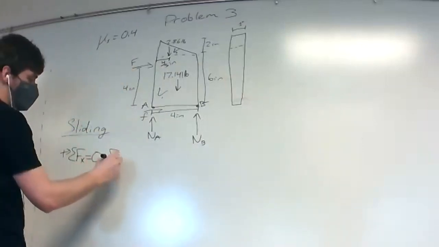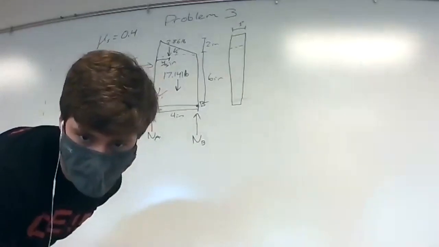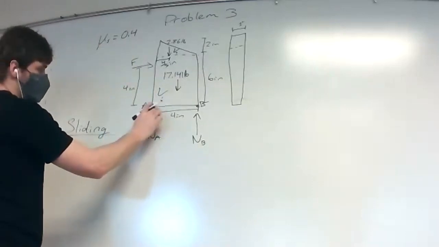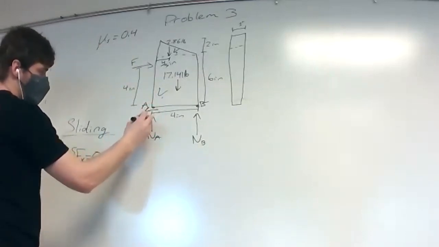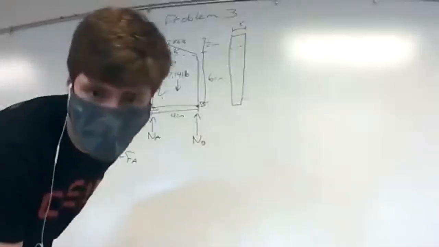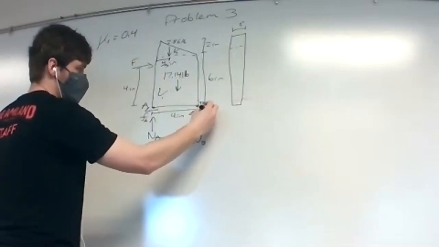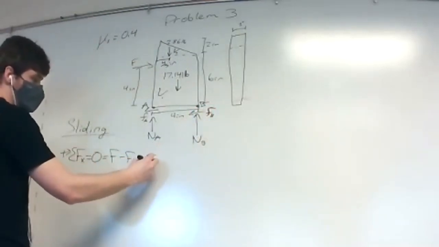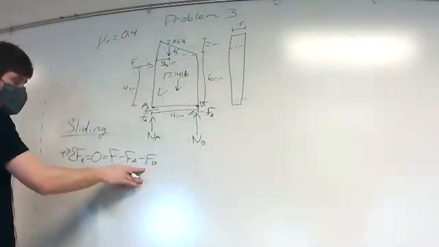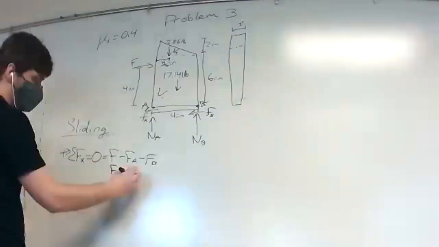And that is going to be equal to our F, because it is in the x direction, and that's going to be minus the friction FA, and you also have the FB.